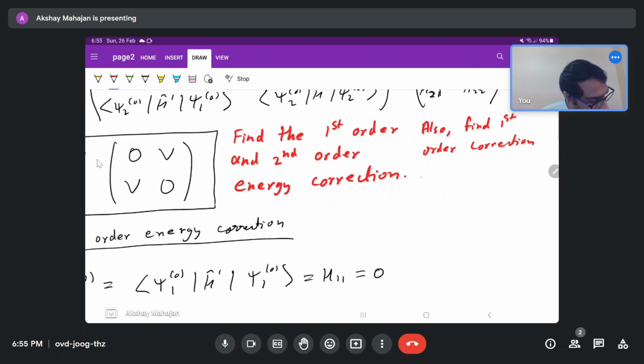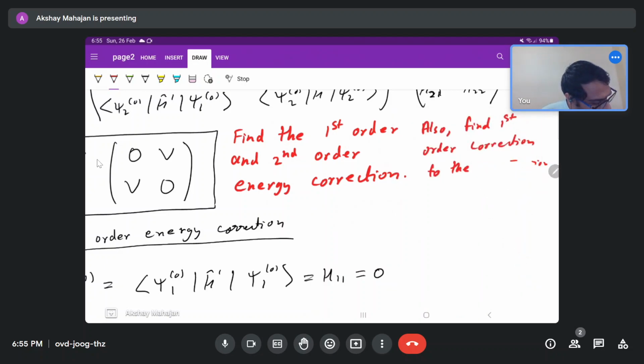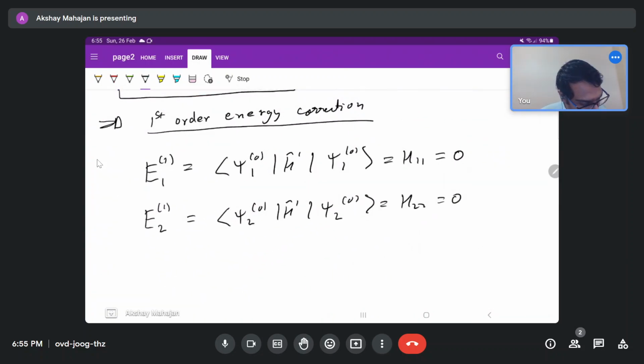Correction to the wave function. All right, let us try. Okay, let us find the first order correction to the wave function.